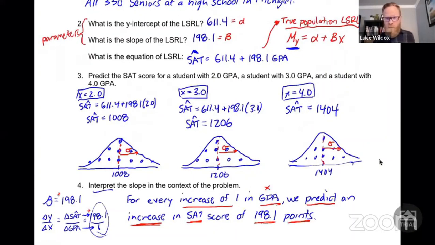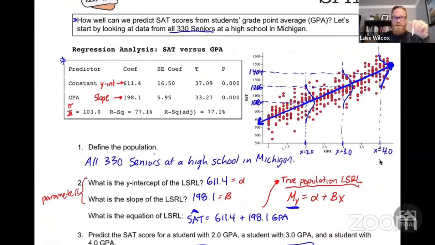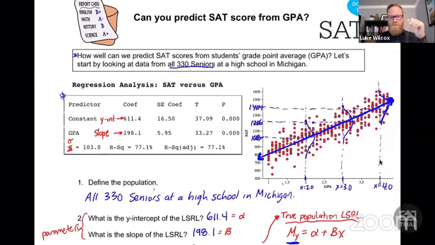So very important moving forward, this idea of slope, right? The slope of the least squares regression line. The next two lessons very specifically are going to be inference about this value for slope. But here's the thing. In order to do inference, we have to have a sample from which we can make an inference to the population. And everything that we did here on this first page, remember, was population data.